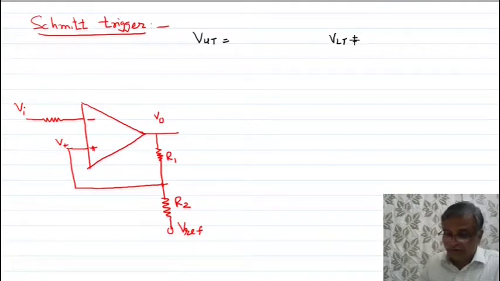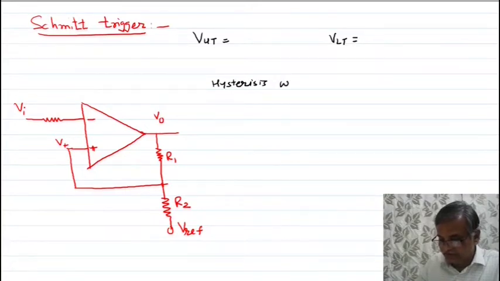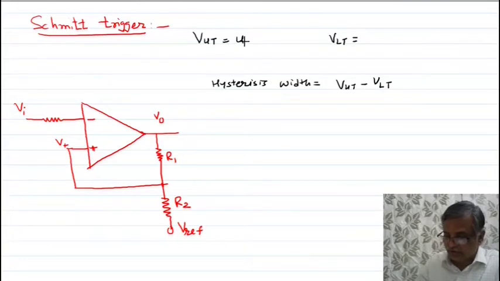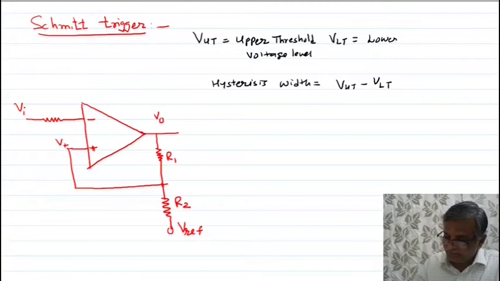The difference between the upper threshold voltage level and the lower threshold voltage level is known as the hysteresis width.